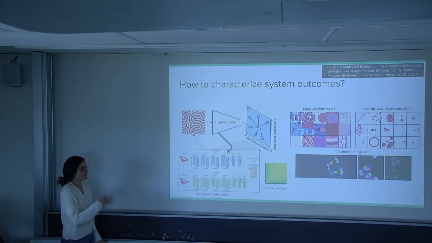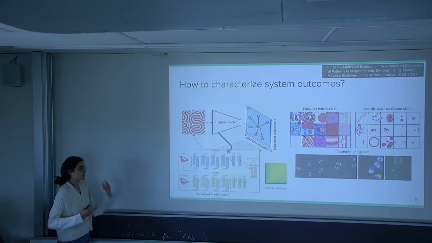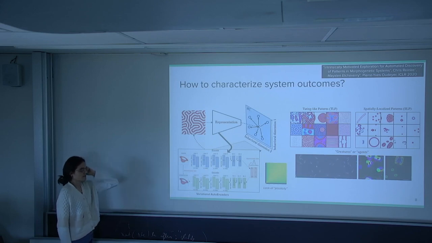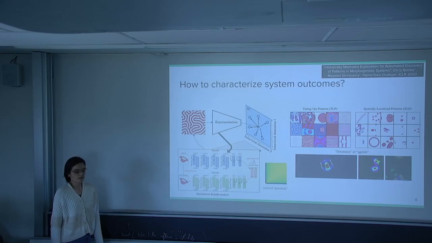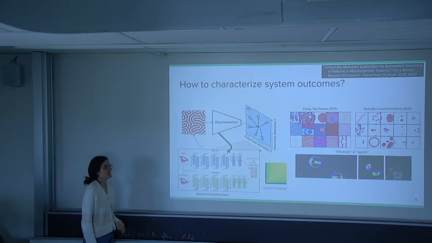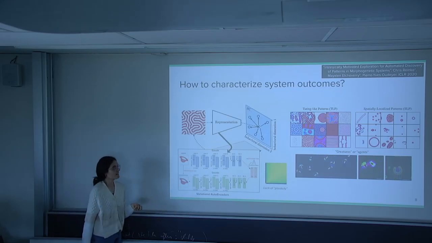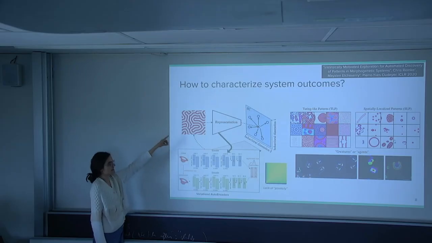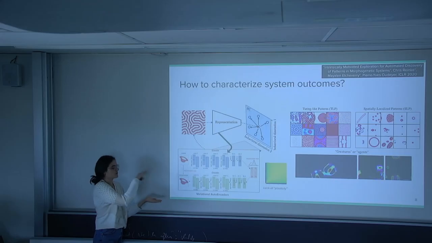So the first natural idea that we had in the first paper was to say, well, let's just use some unsupervised representation learning technique like a VAE that we train to compress. Basically, we take the last image of Lenia, and then we just train a VAE to compress and then reconstruct these images.